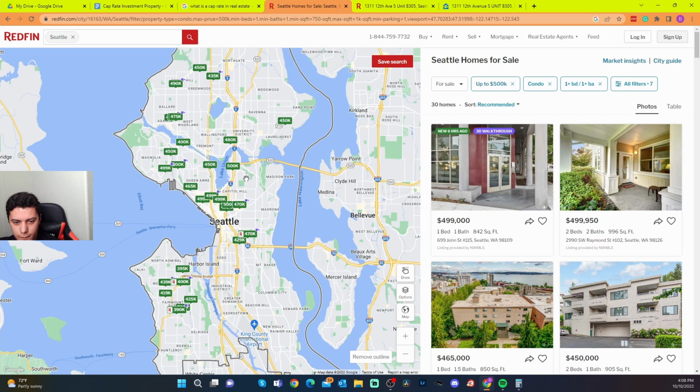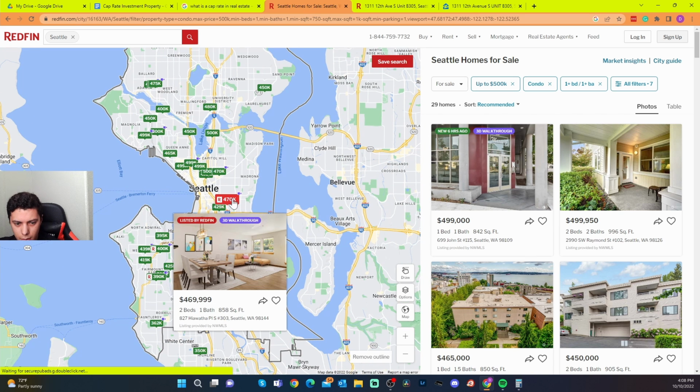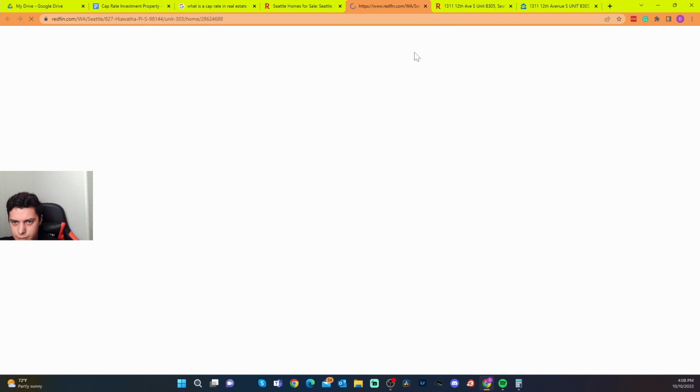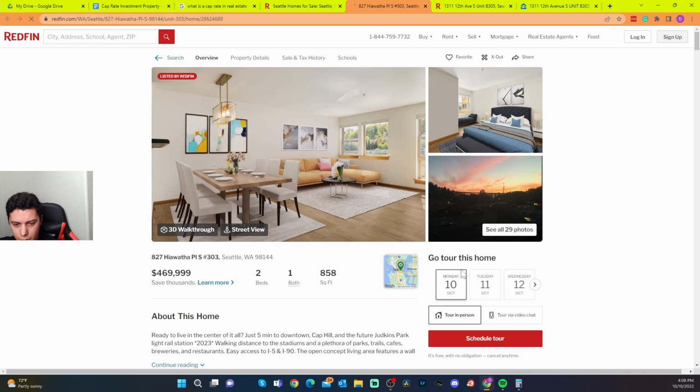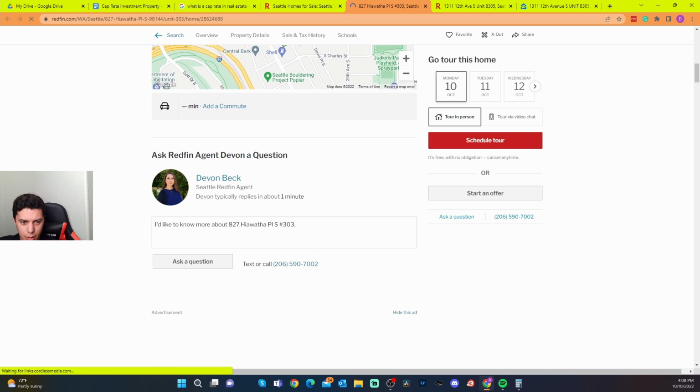And yeah, so basically you go through, and then let me look at this one right here. So it's 2 beds and 1 bath. And you don't want anything that's going to lose your money on a property, okay?